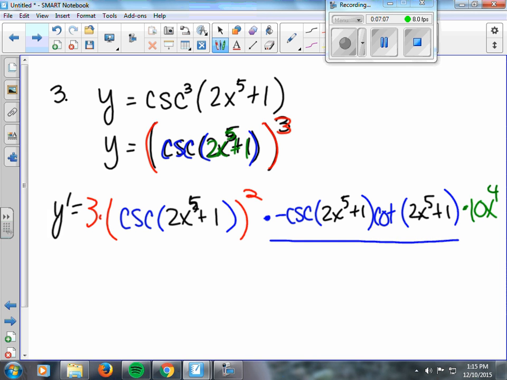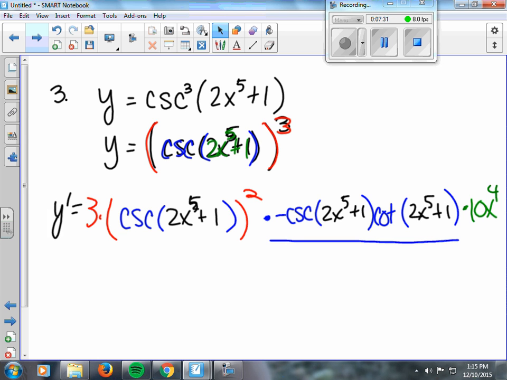You don't reinsert it inside the inside. That's not how that works. It always gets multiplied at the end, and we leave the inside what it was. And then finally, on the innermost layer in the green, we compound and multiply by the derivative of it. Okay, this was an onion with 3 layers. The outside was cubed, the middle was cosecant, and the inside was that polynomial.